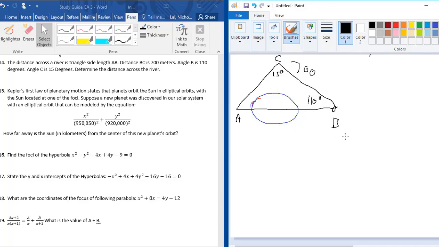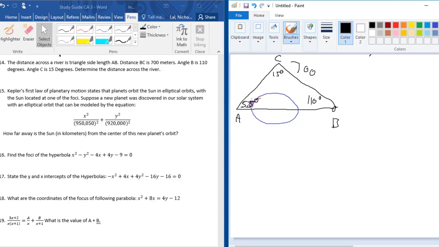So here's what we're going to have to do. We need to know that the sum of the angles in the triangle add up to 180. And so 180 minus 15 is 165. And 165 minus 110 becomes 65 minus 10, which is 55 degrees, meaning angle A is 55 degrees.